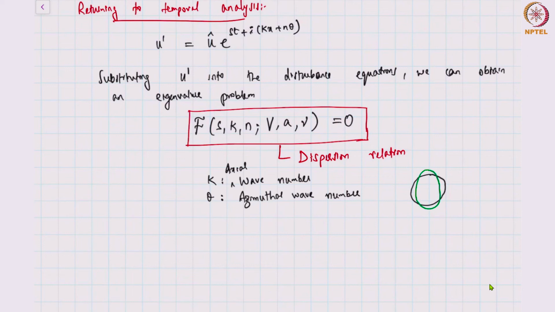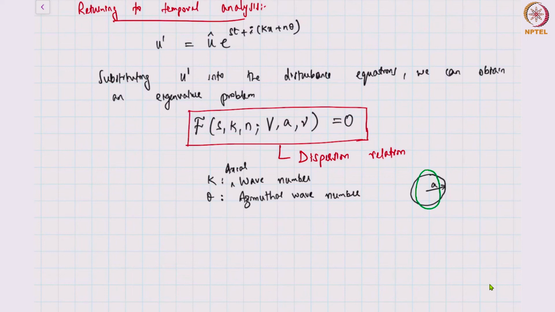This is my perturbation. I can imagine a jet with the original radius, let's say A, and I'm perturbing the radius of the jet. The jet becomes a little elliptical or any other shape, but the jet has to close itself. Therefore, in the theta direction, these wave numbers are integers.